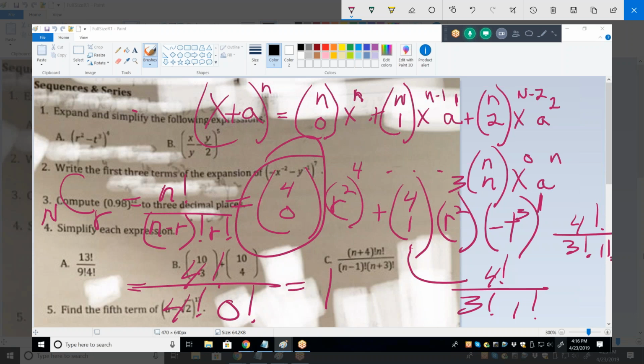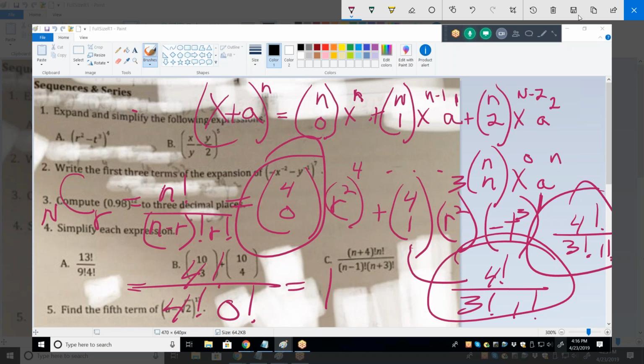So yes, 4 choose 3 is the same as 4 choose 1. And it's like that with the chooses. Even 5 choose 2 is the same as 5 choose 3, because it results in the same factorial in either case.